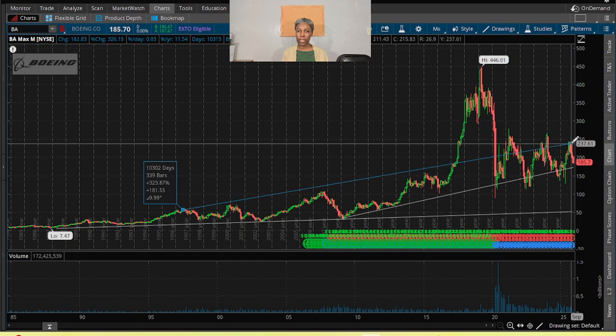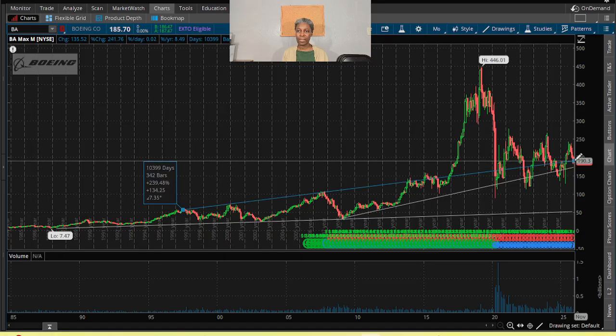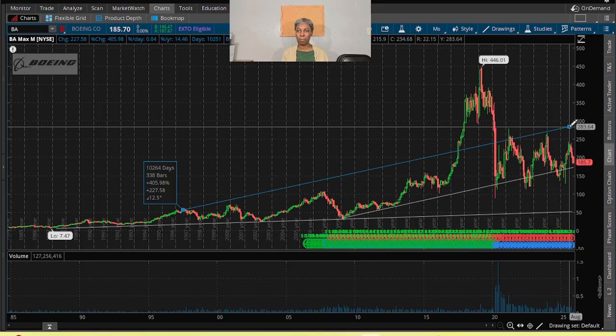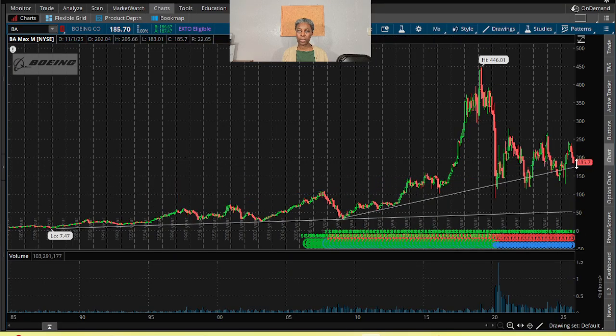I don't trace an oblique resistance line, but even if I traced that, it is pretty much around that area right now. So it's not really one we can rely on. March is already around that area.